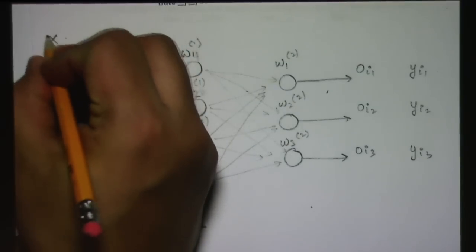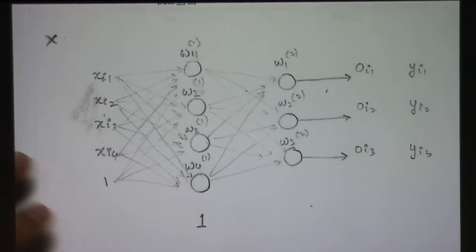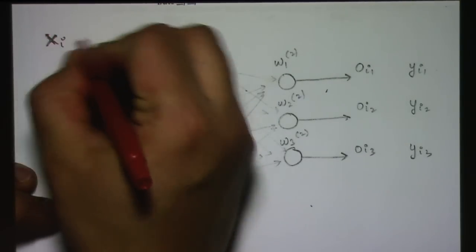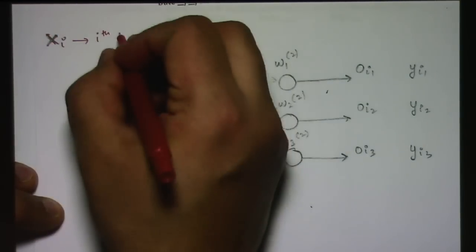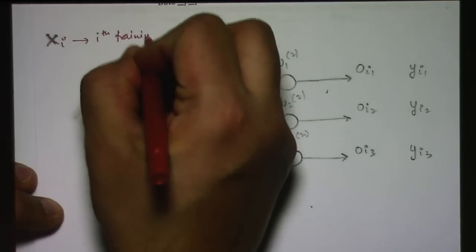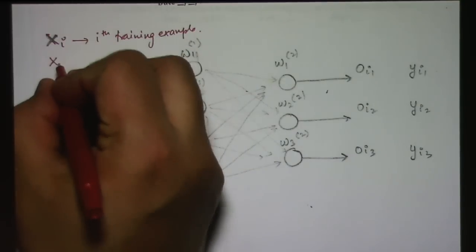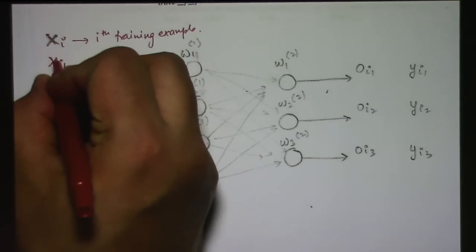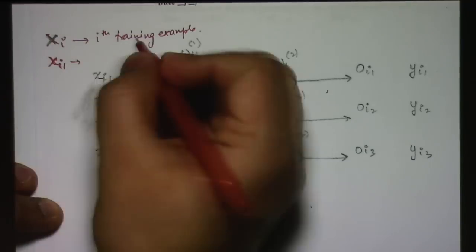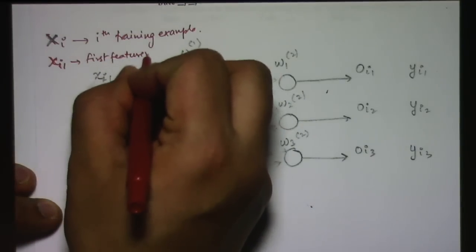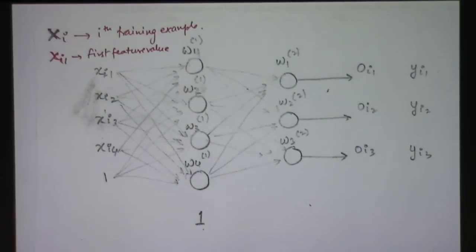So this vector x of i is my ith training example, which means this value xi1 is the first feature value in my ith training example.